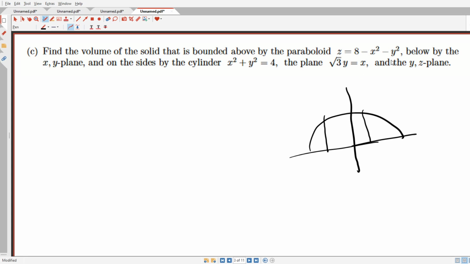It says below by the xy plane, so that's this. So we have this on top, this on the side, this on bottom. By the YZ plane, okay. Oh, this is hard to draw.